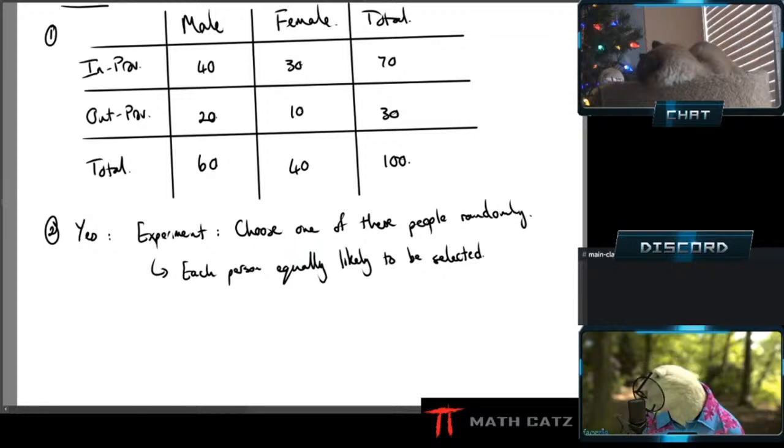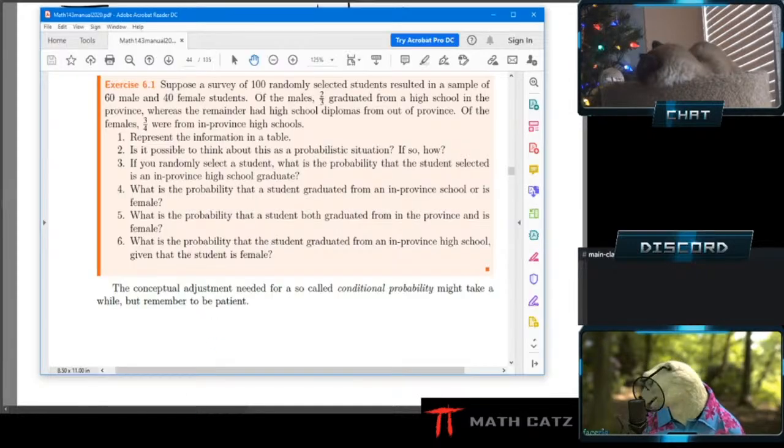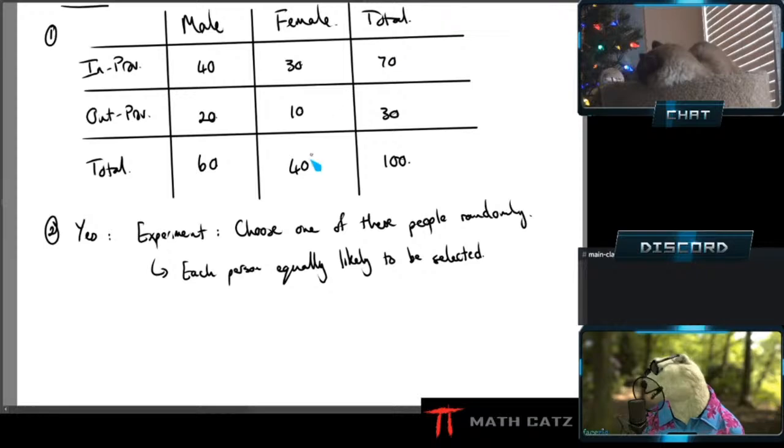And then, for example, let me just check. Yeah, I could look at number 3. So if I randomly select a student, which we are doing, what's the probability that the student selected is an in-province high school graduate? Now, I will try and be precise here.